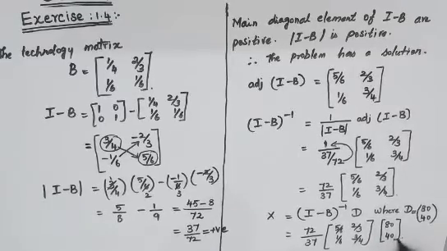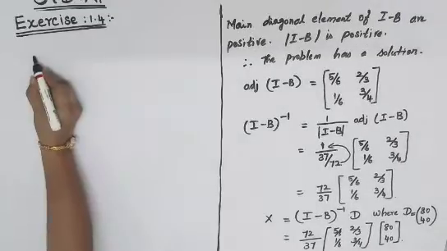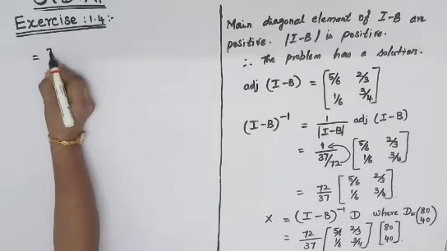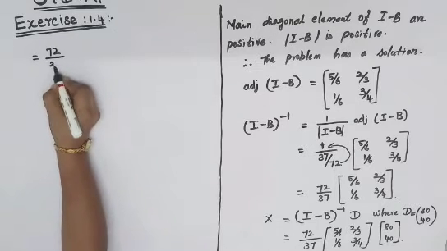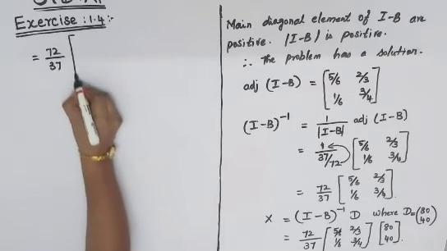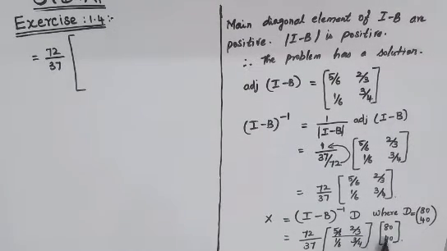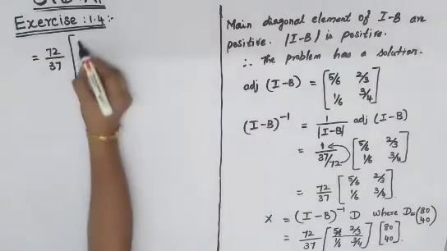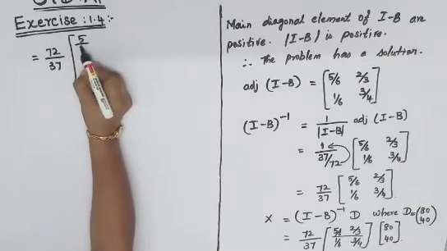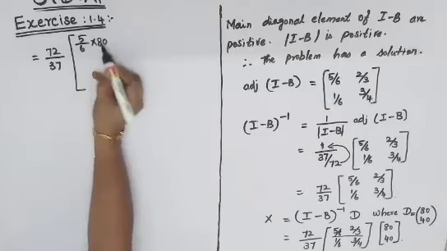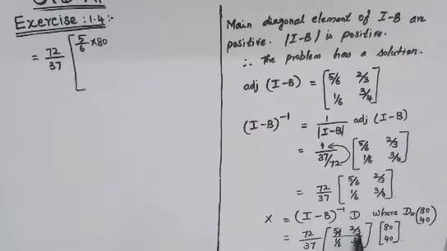So now you will have to go to your normal multiplication. Is equal to 72 divided by 37. So just put a big bracket. So 5 by 6, that is first row, and this column you have to multiply. So 5 by 6 into 80, then 2 by 3 into 40 with plus.